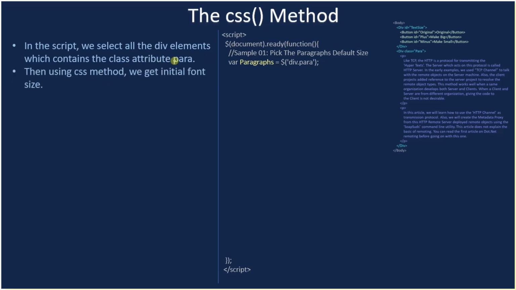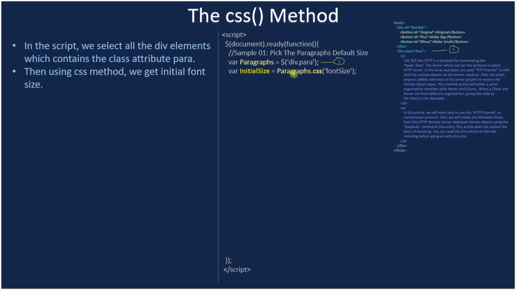Then using the CSS method we get the initial font size. Here we have paragraph, and this is the object we are storing, div para. By walking through the DOM using the jQuery function, we picked this element and stored it in the variable paragraph.